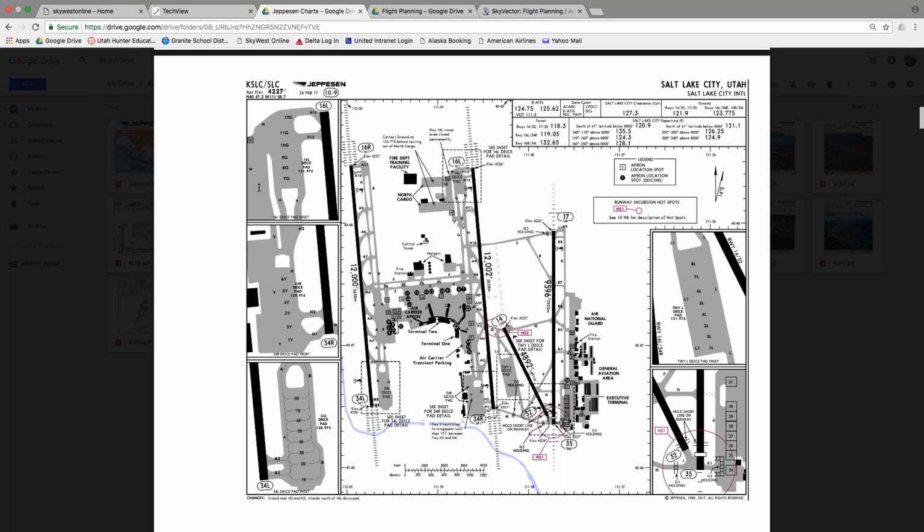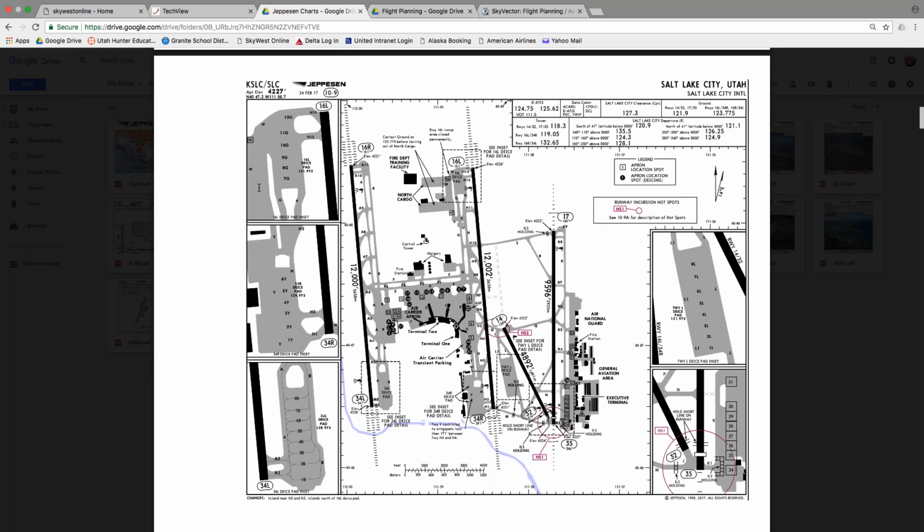Is everybody good with that? So that's our wind direction. Our runway is 16, so it's like our runway is sitting like this. So we've got 16.